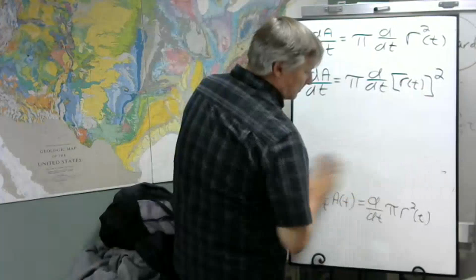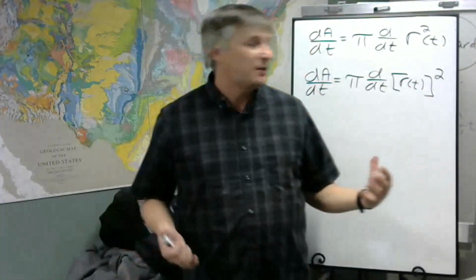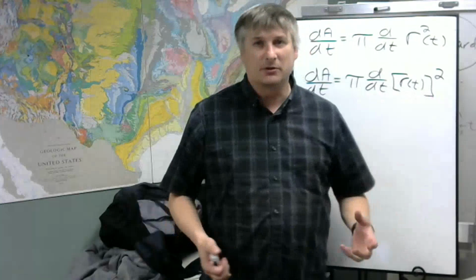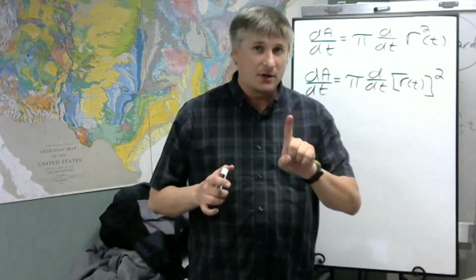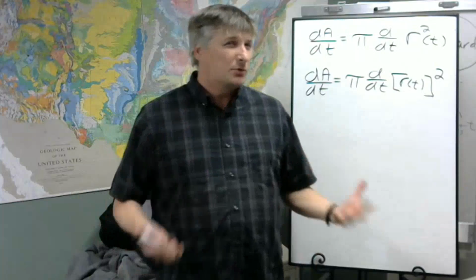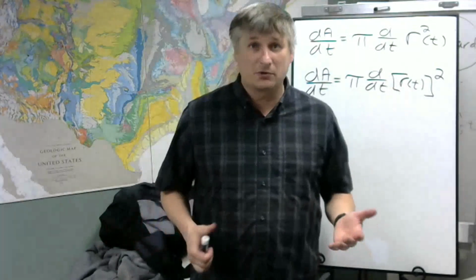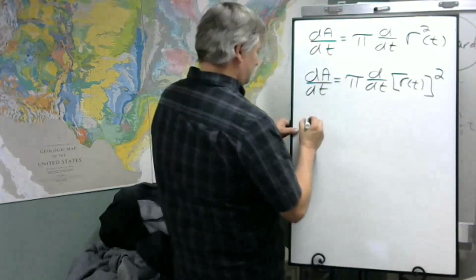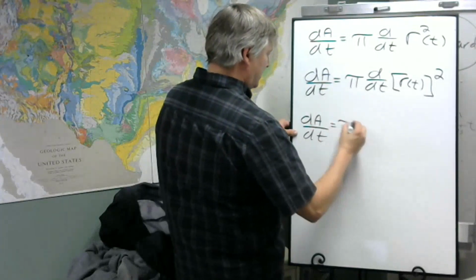So when we do the chain rule, we're going to differentiate the outer function first and leave the inner function on the inside. That's the first thing. And then we multiply that result by the derivative of that inner function. There's pi.